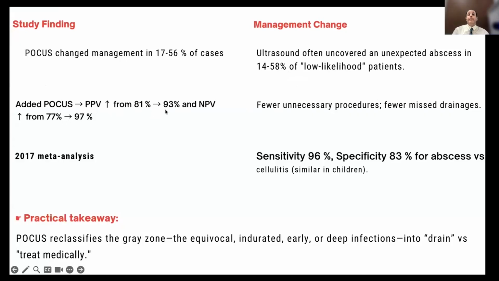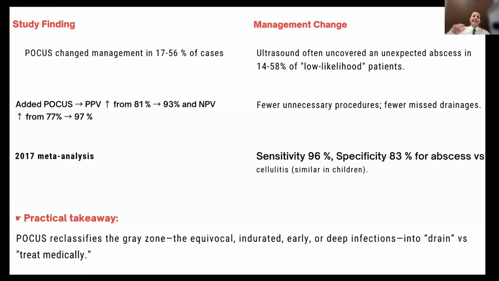So if you are doing the POCUS, you avoid unnecessary procedures, and actually it means fewer drainages. Sometimes we feel there is an abscess, but when we do the ultrasound, we cannot find one. So if you don't do point of care ultrasound for this case, you may go for an unnecessary procedure, incision and drainage.